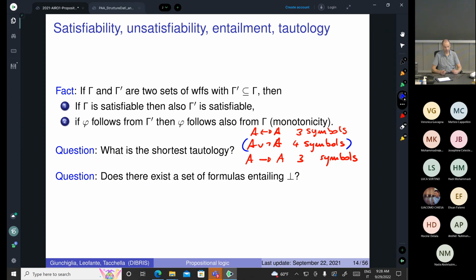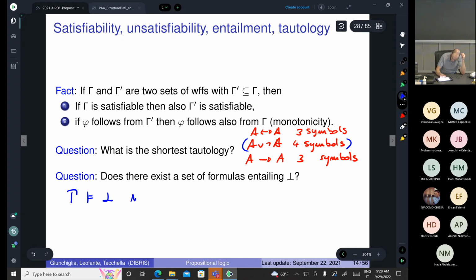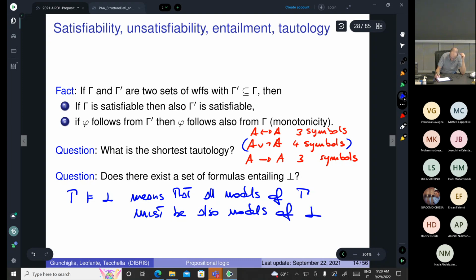Does there exist a set of formulas entailing bottom? Well, let's see. That is the definition. But what are the models of bottom? Bottom is unsatisfiable.